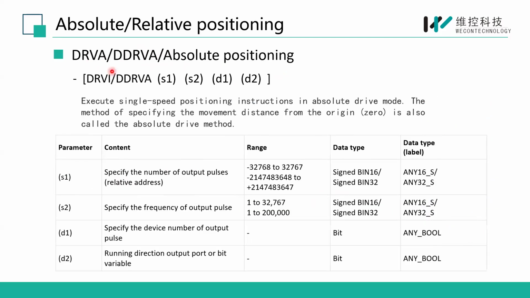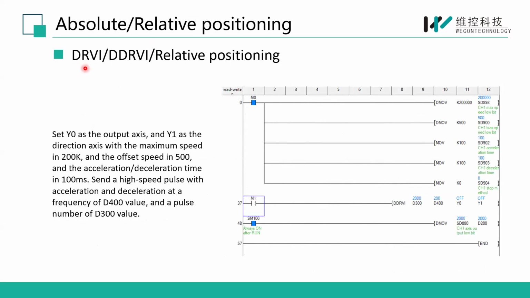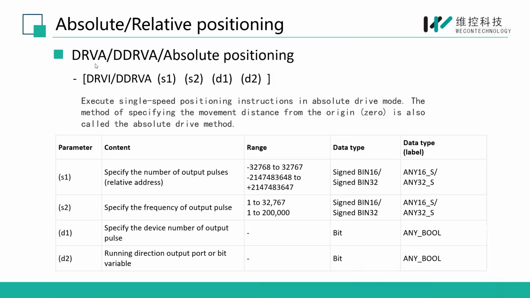And the second instruction is DRVA and DDRVA. This is different from DRVI and DDRVI. DRVA means absolute positioning. This instruction executes the single speed positioning instruction in absolute drive mode. The method of specifying the movement distance from the origin zero is also called the absolute drive method. There are four parameters.